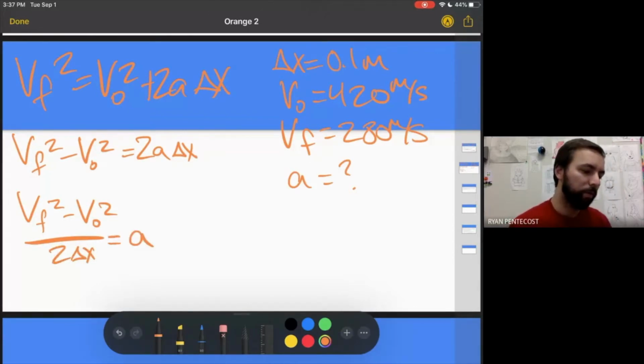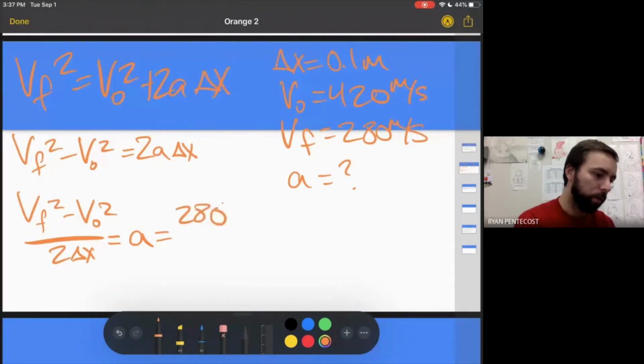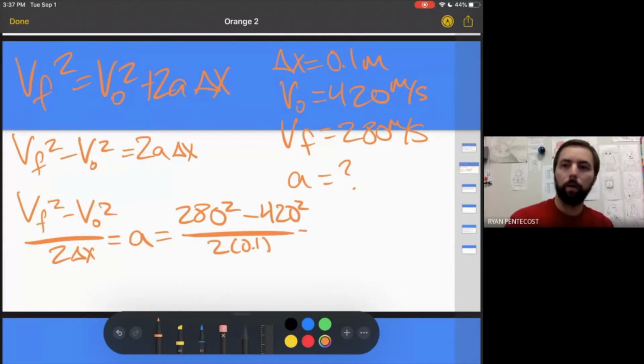Now we've got v final, v naught, and delta x, and we know what 2 is. So now we can plug in our numbers: 280 squared minus 420 squared, divided by 2 times 0.1. Now, I have my calculator.